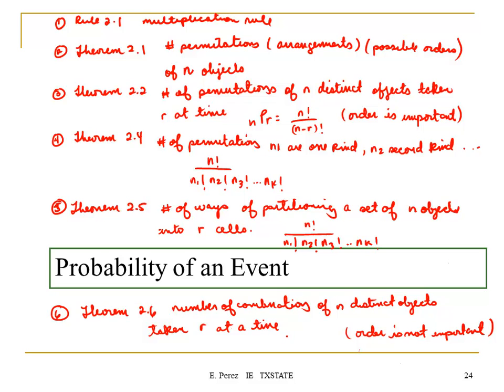So nCr equals n factorial divided by r factorial times n minus r factorial.